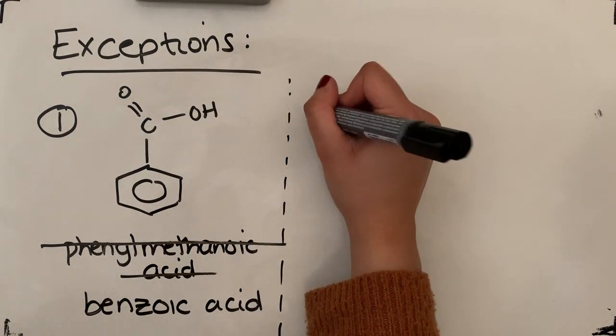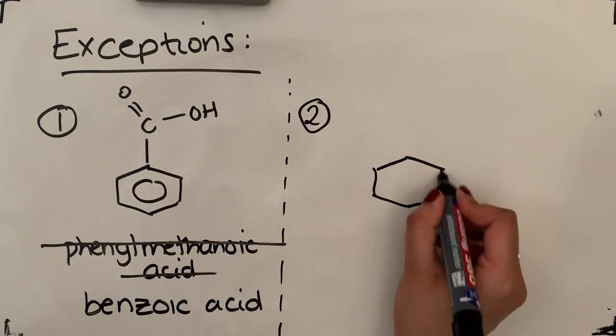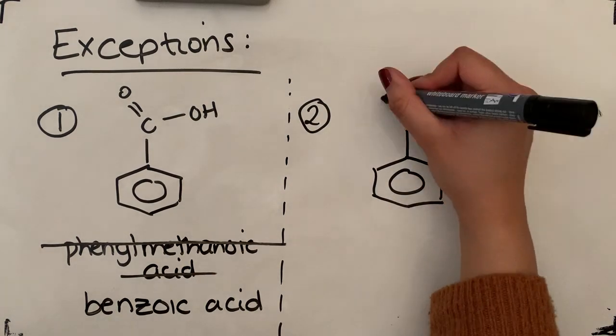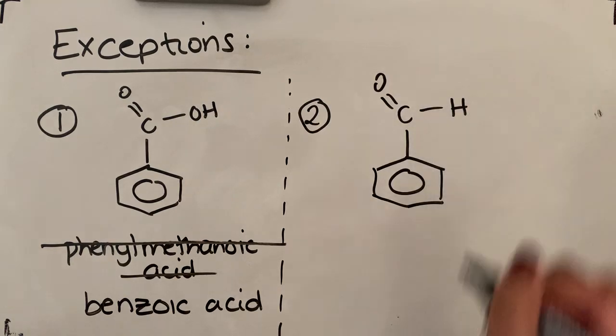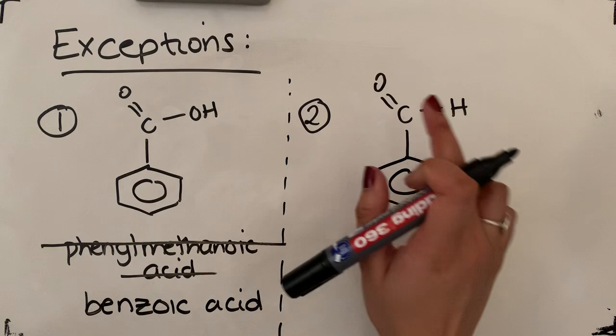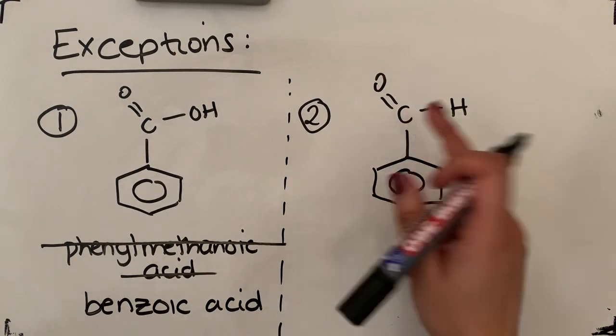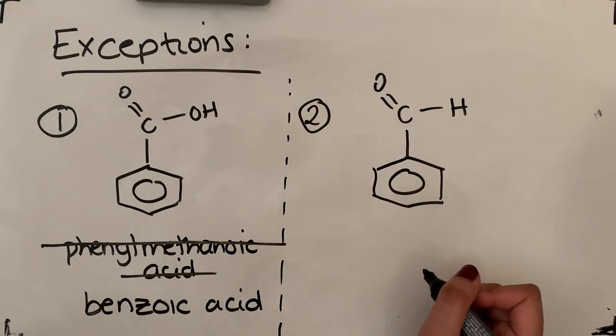Don't know if I'm going to fit them both on here, but exception number 2 is this one over here. So again, you've got a functional group coming off the benzene ring. This one is an aldehyde, so it should end in -al. It's got 1 carbon, so you'd assume it's going to end in methanal.